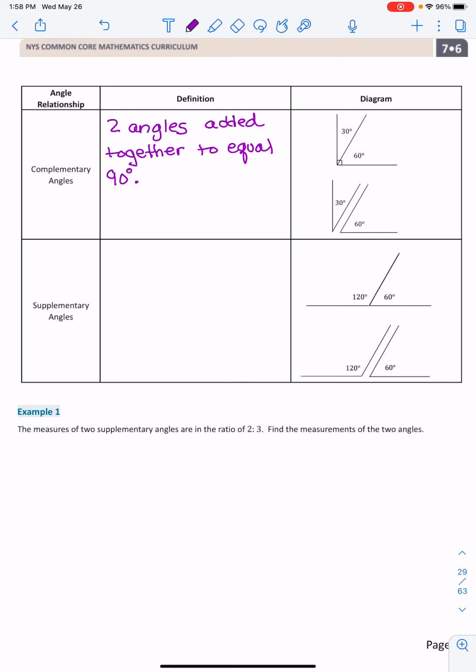Supplementary angles are two angles added together to equal 180 degrees.